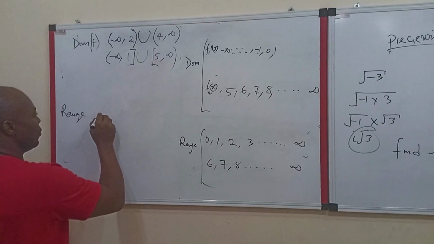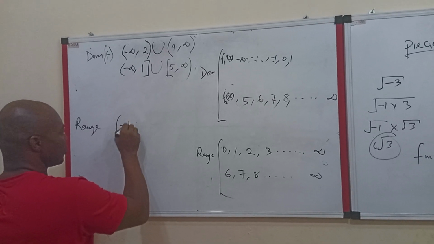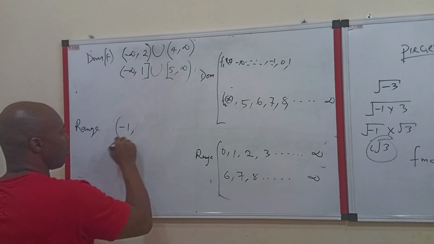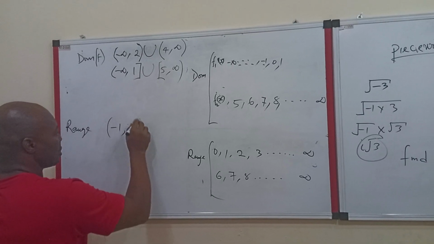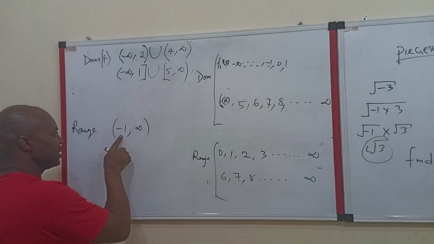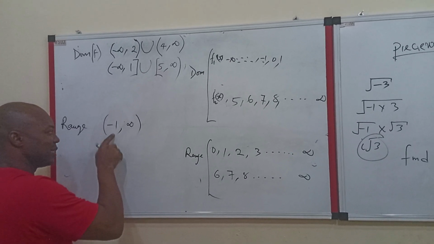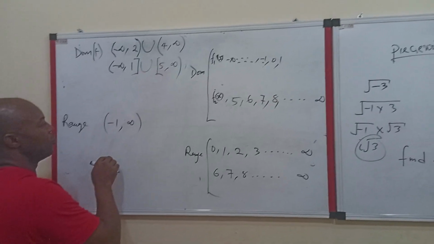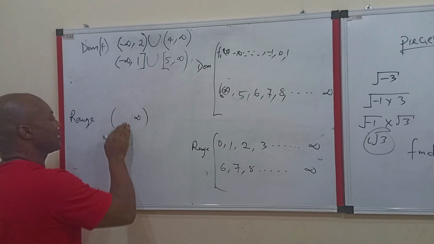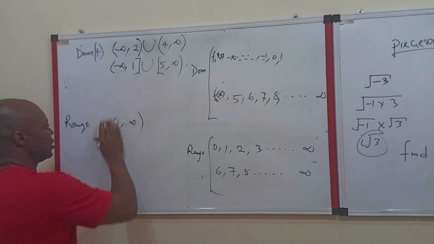So the range we will get is -1, comma, positive infinity. Now we write that. Or we will just write them straight away: 0, comma, positive infinity.